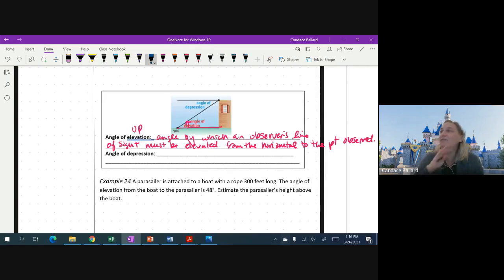The elevation one's usually easy to see. The depression one is harder, okay? So let's write the official definition. That means down, okay?